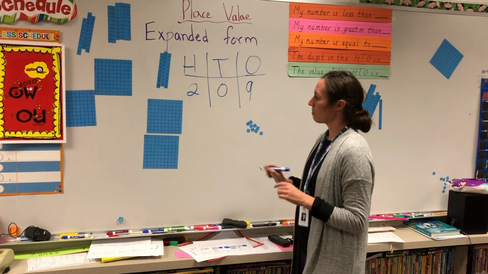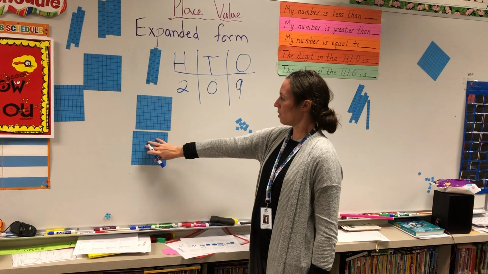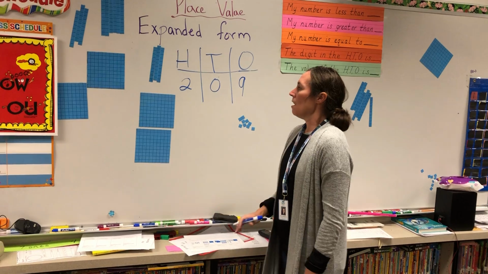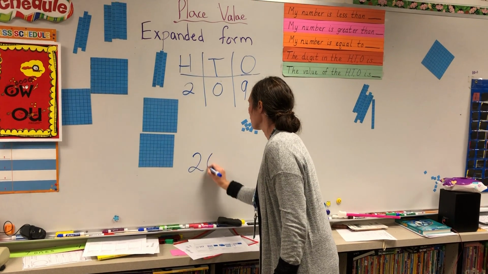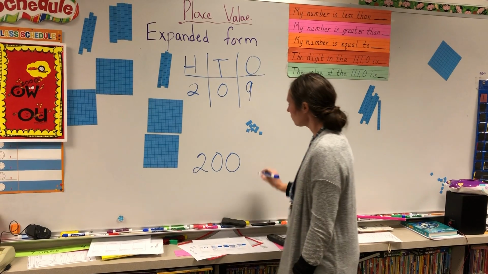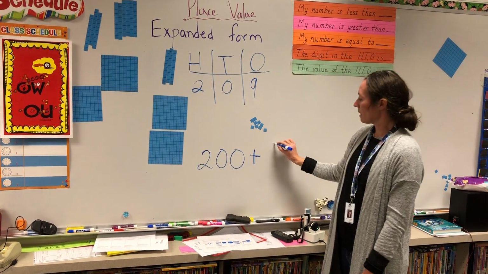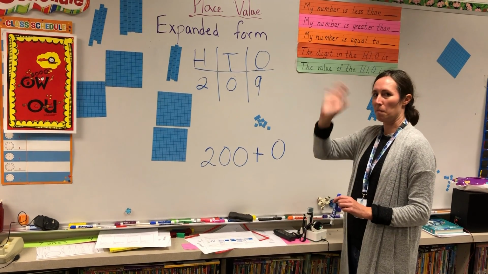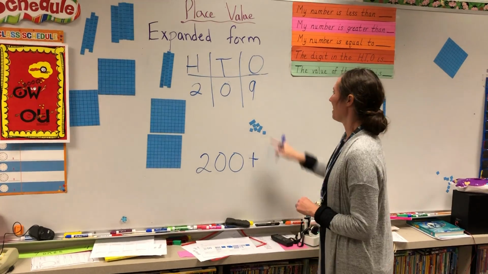And now let's talk about the value so we can write it in expanded form. So 100, 200. So my value of my 2 right up here is 200. So for expanded form, we have 200 plus, oops, some people like to write 0, but my hand says, nope, we're going to get rid of it. You can.